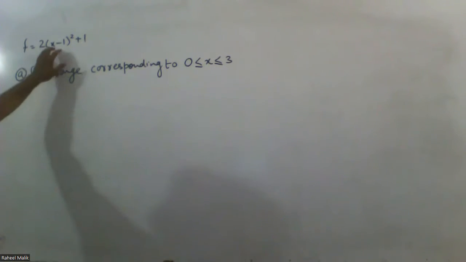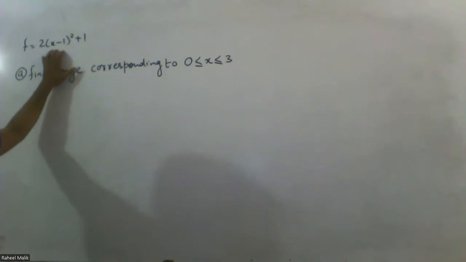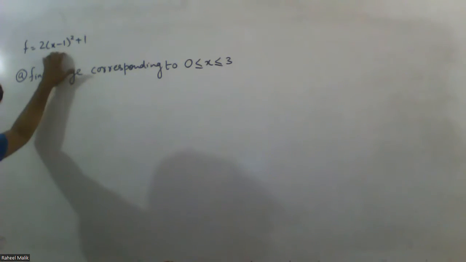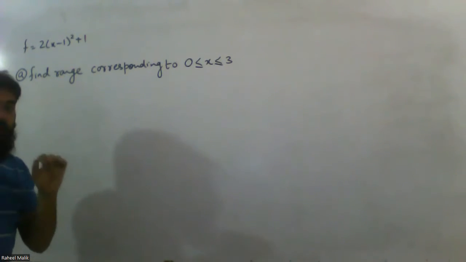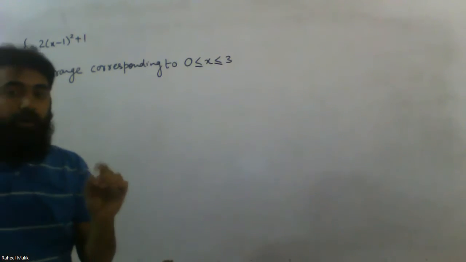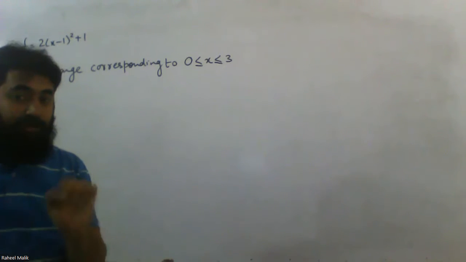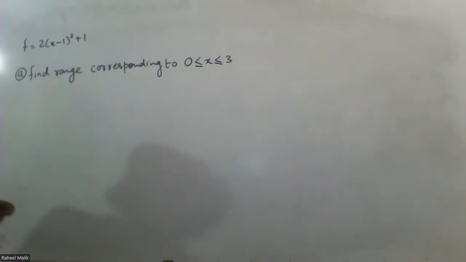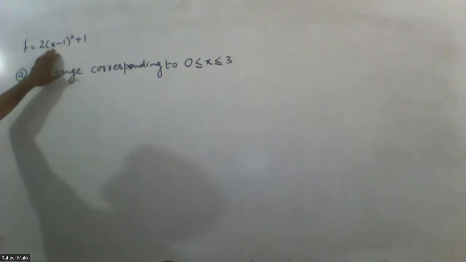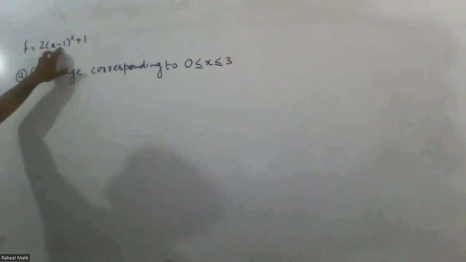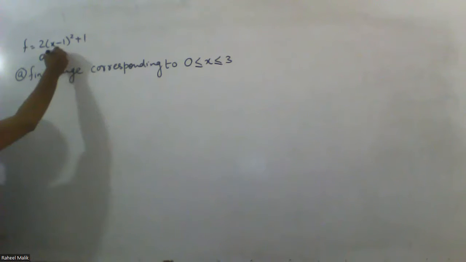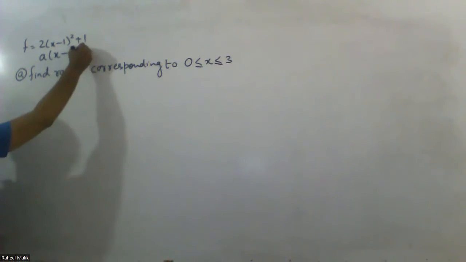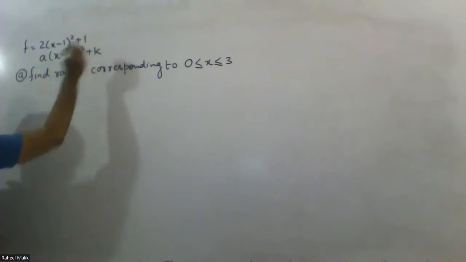Now, as you can see, it's a quadratic graph. A quadratic function is given. So first of all, I'm drawing a quadratic graph over here so you can understand things very easily. We know that we have the completing the square formula, a(x minus h) whole square plus k.